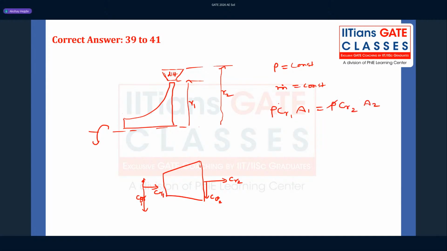So now rho and rho get cancelled. And how do we calculate the area? Let us try to visualize it, right? So this is part of my impeller, say. This is going to be my width B, and in the problem it is said the width is constant.